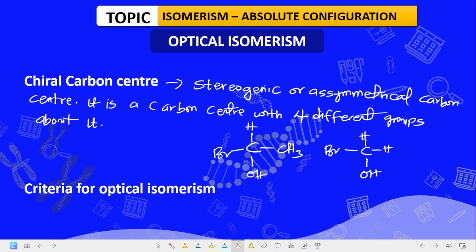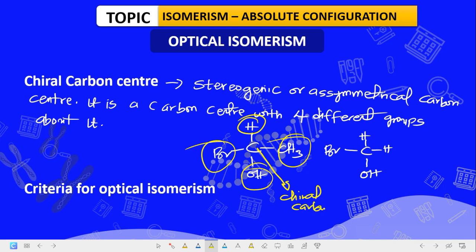Yes, that is agreed. But when you look at this carbon atom, the groups around it are four different groups. You have hydrogen here, it's different from bromine, different from OH, and different from CH3. There are no two groups here that are the same. So we can say that this carbon center is a chiral carbon center.